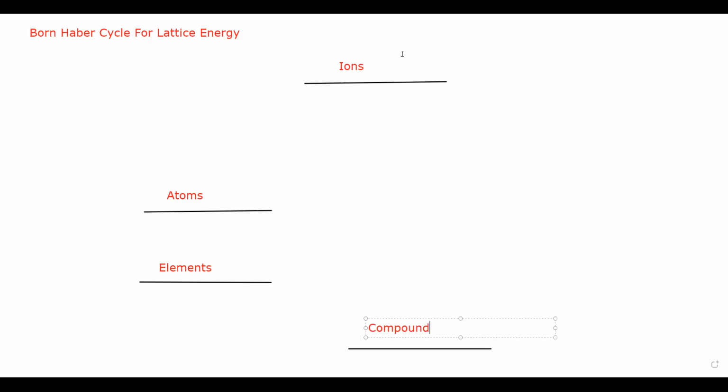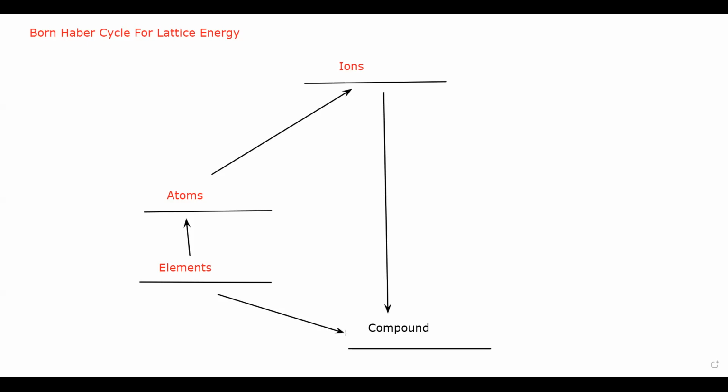So what does this cycle refer to? The Born-Haber cycle states the possibility that an element can first form atoms, then atoms form the ions, then ions form the compound. This is the same as elements directly forming the compound.